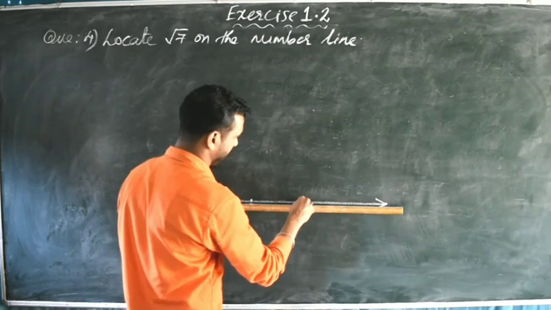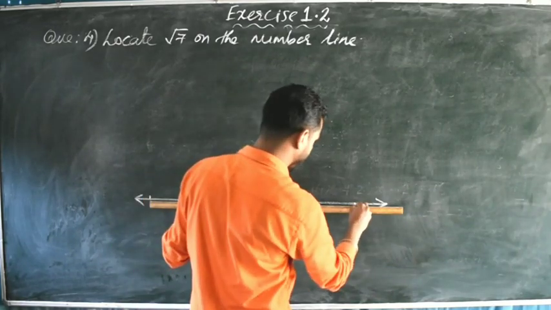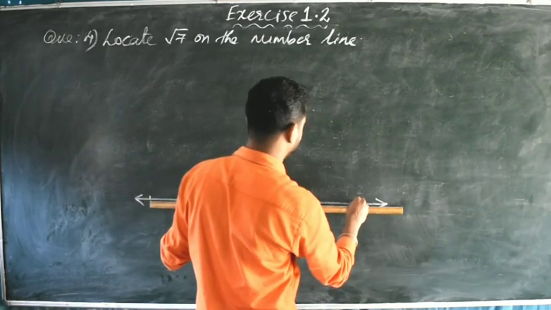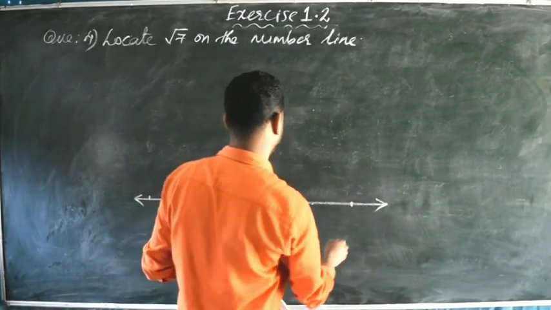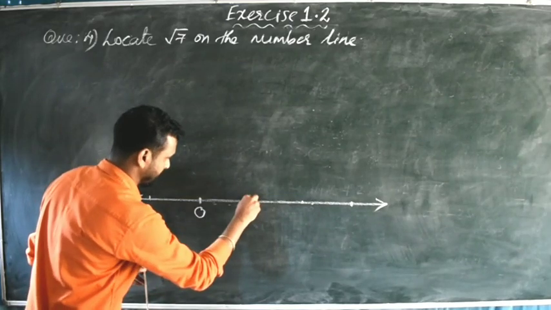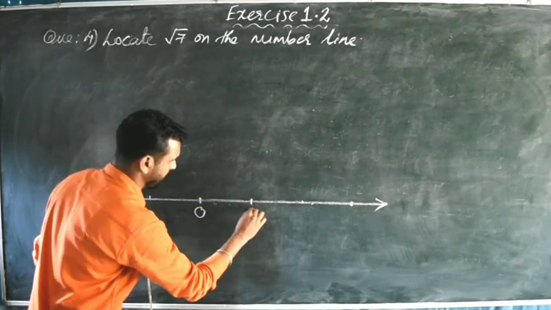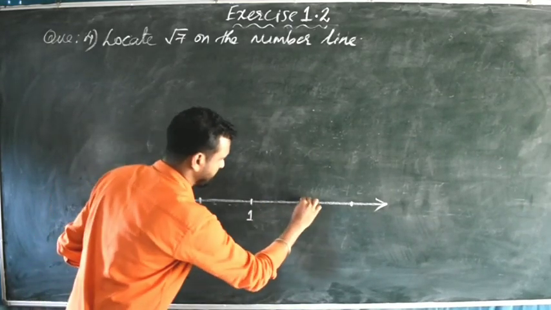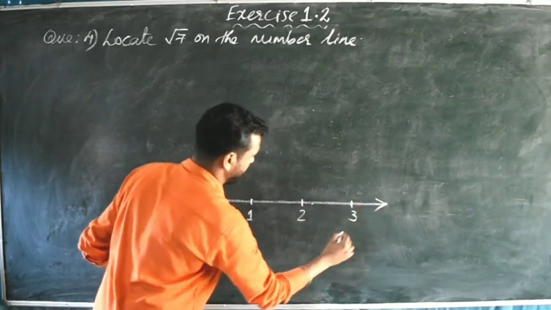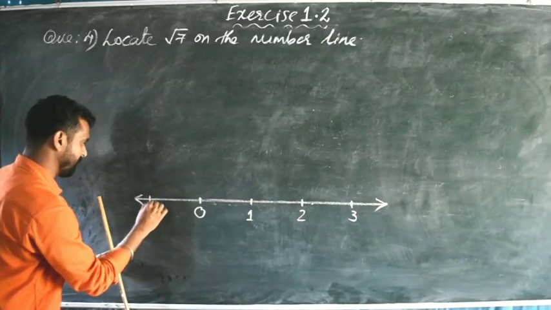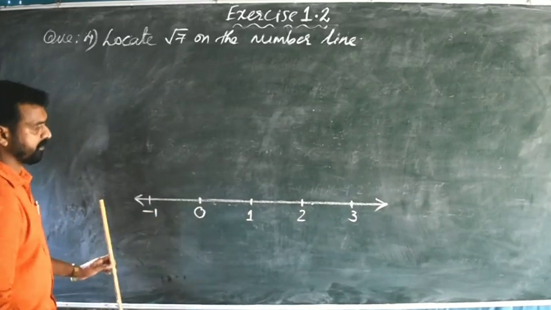Then we will mark 1, 2, 3, etc. Here it is 1, then this point is 2, and this point is 3, and here it will come minus 1.